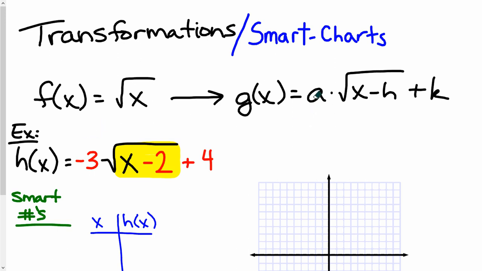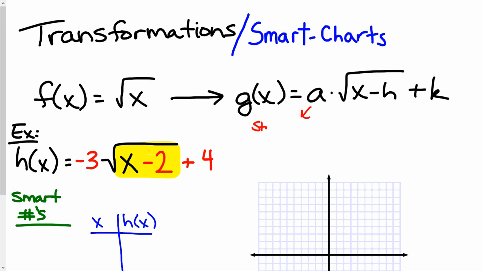So first off, we have this numerical value of a. It's important to note that a can be positive or negative, all right? And it can also be 1. If a is 1, we don't really see it written there, so it's not really doing anything to transform the function, okay? But the value of a is going to do one of two things, okay?